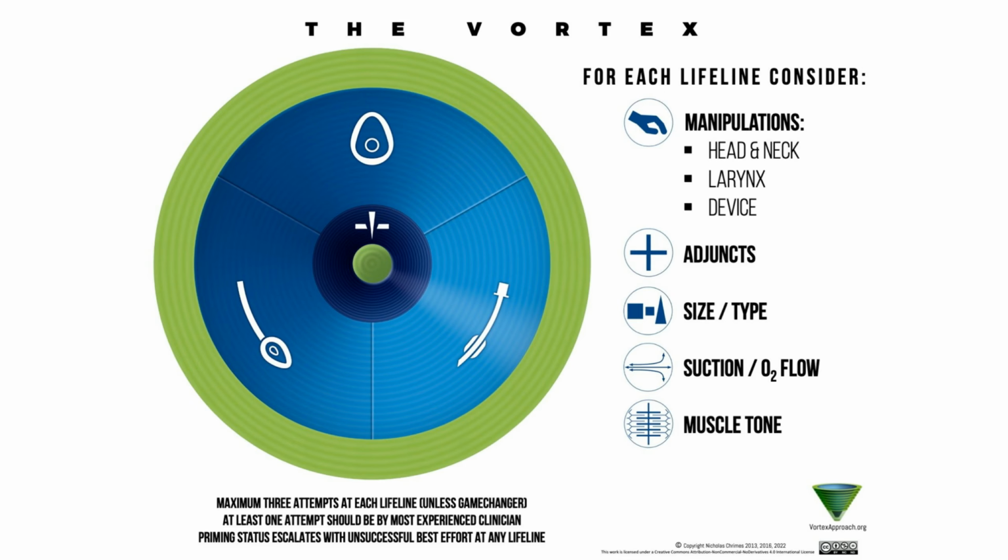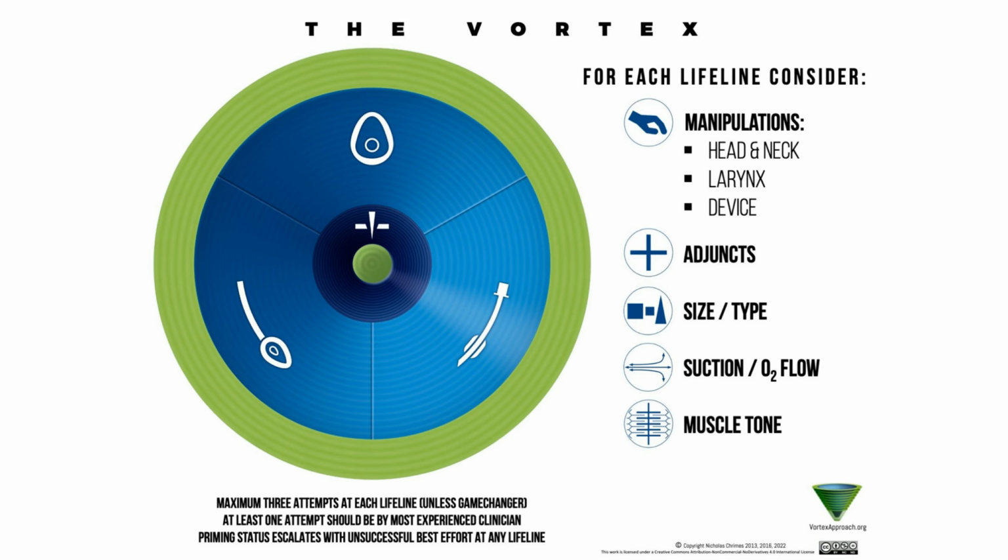There are only 3 non-surgical options for airway management, which are bag mask ventilation, supraglottic airway, or an endotracheal tube. And these are depicted in blue in the center of the vortex towards the top of the vortex where the vortex is still wide open.